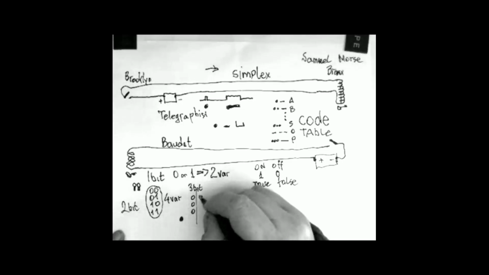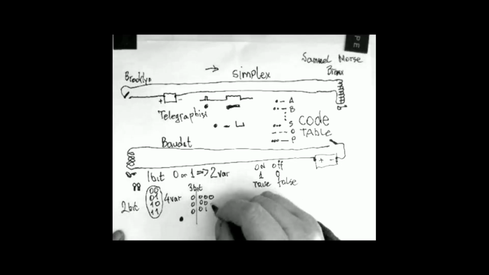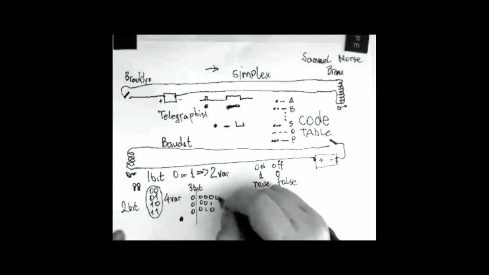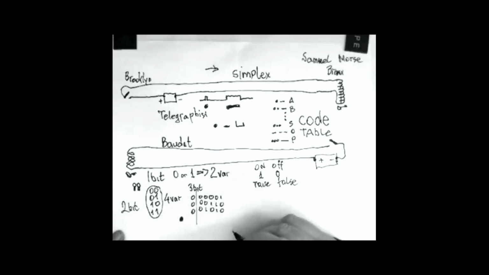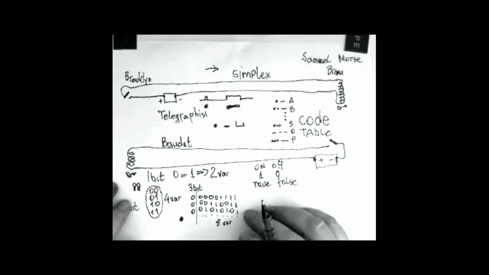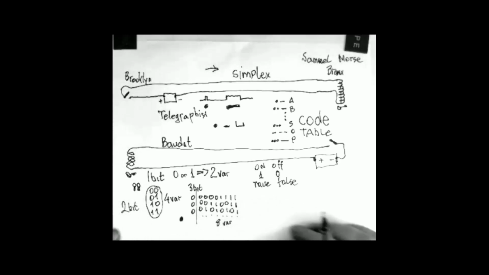And I will go for this: 000, 001, 010, 011, 100, 101, 110, 111. Interesting. How many total? 1, 2, 3, 4, 5, 6, 7, 8. 8 variations. Why do we need to calculate the number of variations?